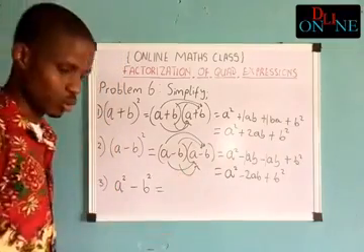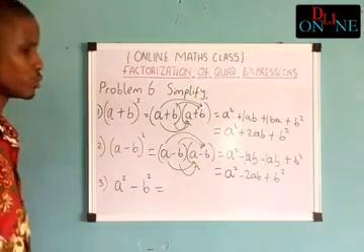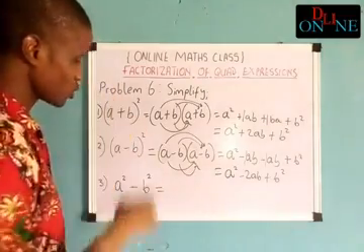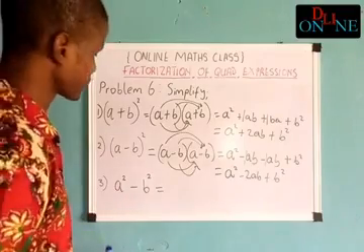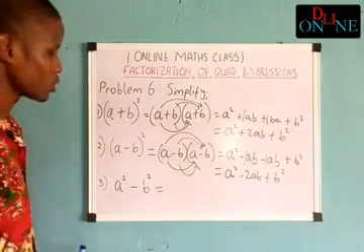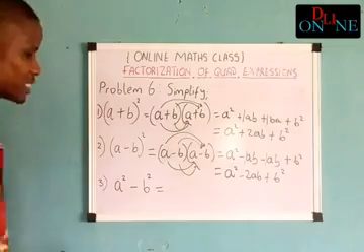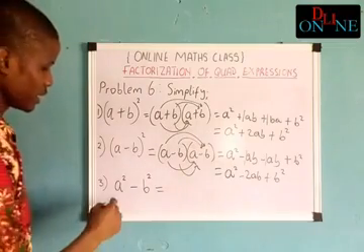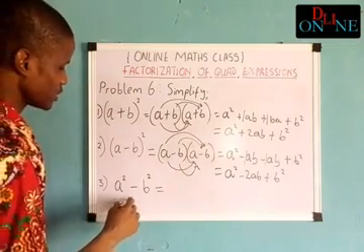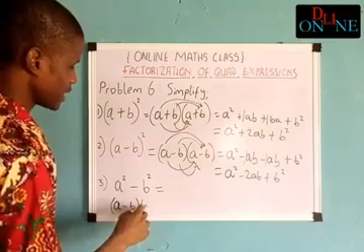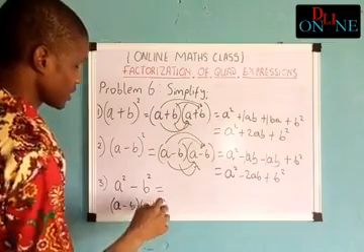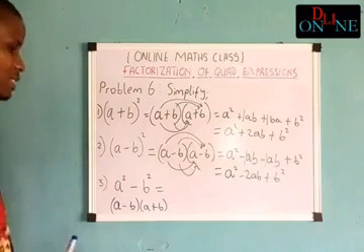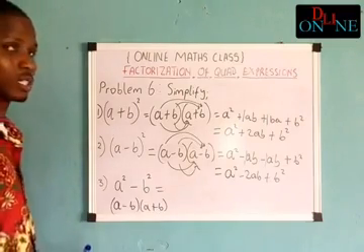Okay, for us to know what our result will be, we're going to try to expand a particular expression, a minus b multiplying a plus b, and let's see what eventually this will lead us to.